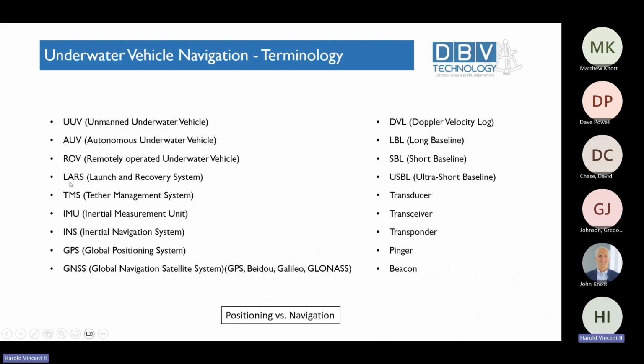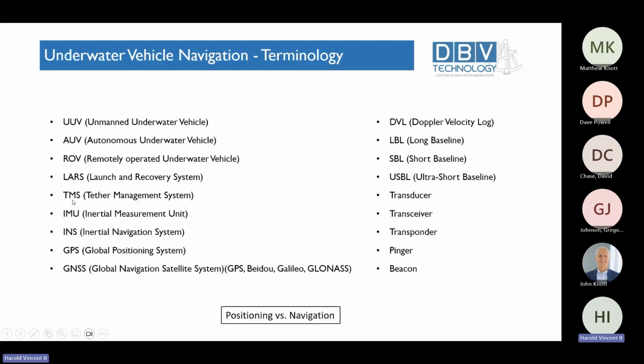And so the remotely operated vehicle, the ROVs or the AUVs, depending upon the size, may require some type of LARS, or launch and recovery system, to get them in and out of the water from the deck of a ship.